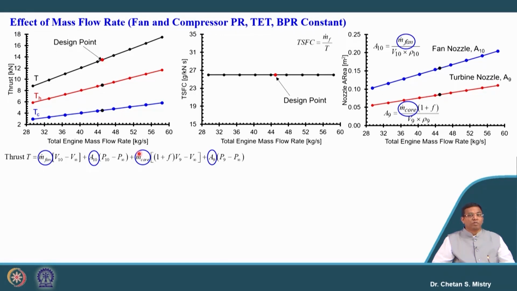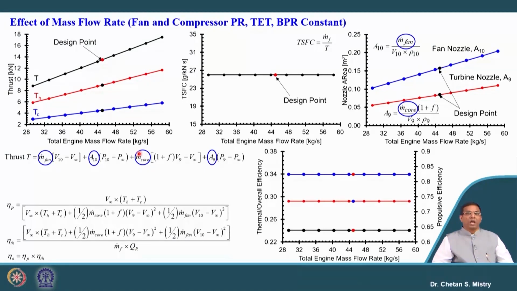And in terms of my area, with increase of engine total mass flow rate, we will be having an increase of area both for the nozzle of the fan as well as the nozzle of my core engine. Okay. And this is representing our thermal efficiency, overall efficiency, and propulsive efficiency.